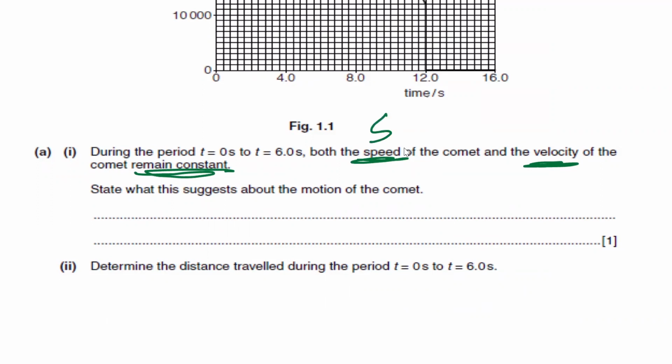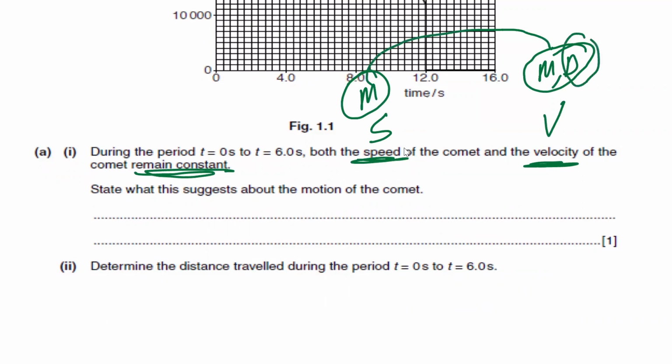Very good. What is a scalar and what is a vector? One has magnitude, the other one has magnitude and direction. Good. So if I say that both of them remain constant, the magnitude is for sure the same, and the direction is also the same, right? It means to say the object is moving in one straight direction only.